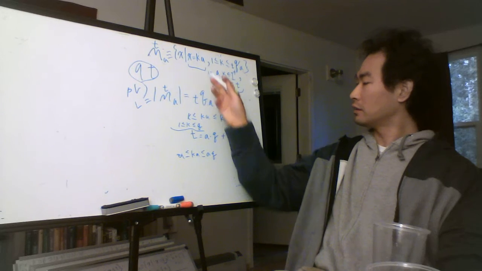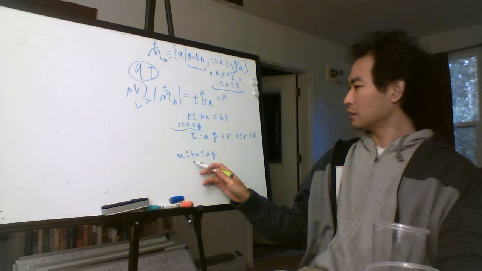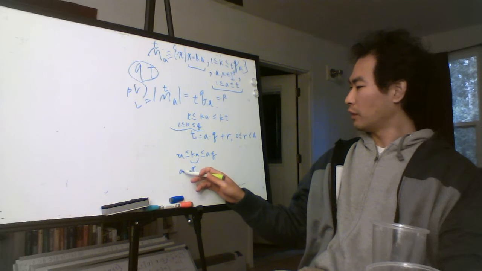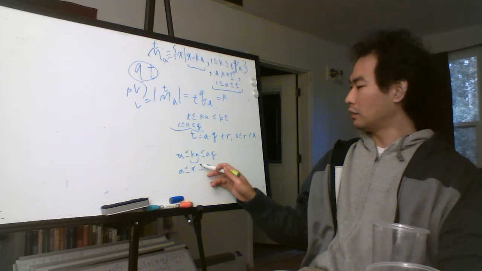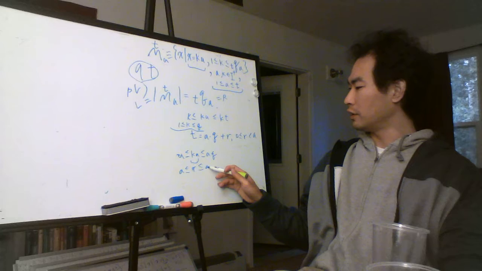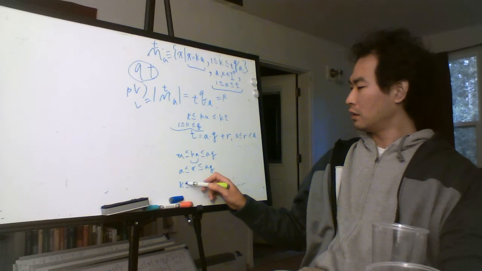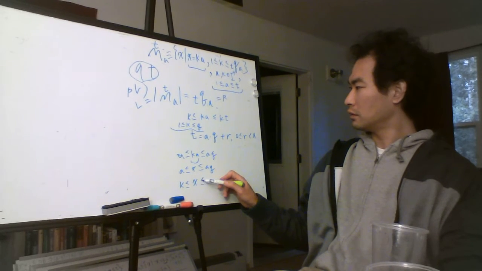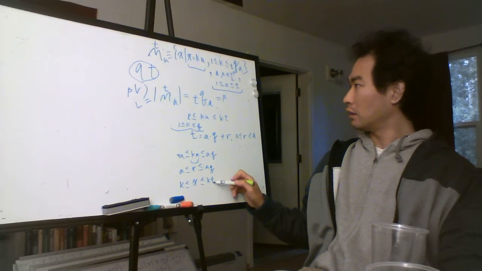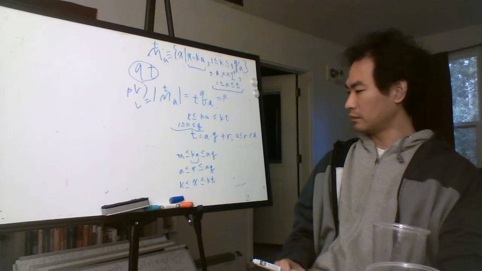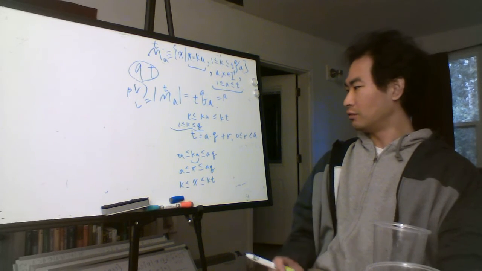And ka happens to be x. So we have two lines of inequality here. We have that, and k times a is also x, so x is at most kt. We are just trying to make some sense of this.